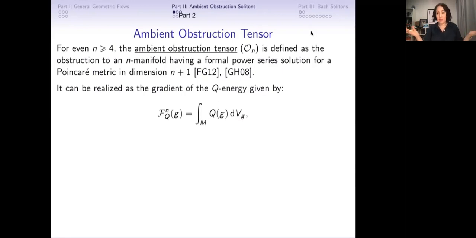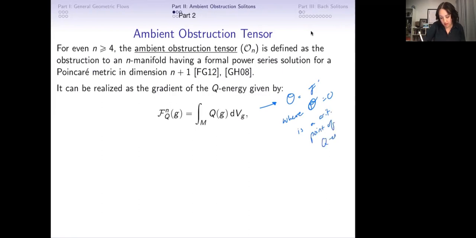It's not always an extrema, but what this means is that since O is equal to, let's call it F prime, loosely again, this means that where O equals 0 is a critical point of some Q energy.